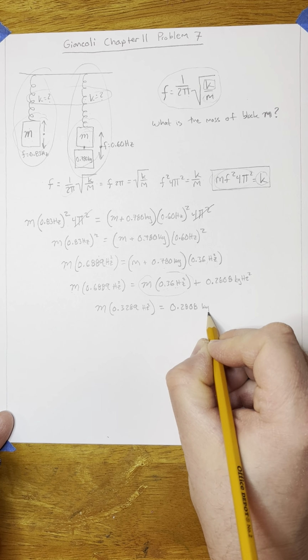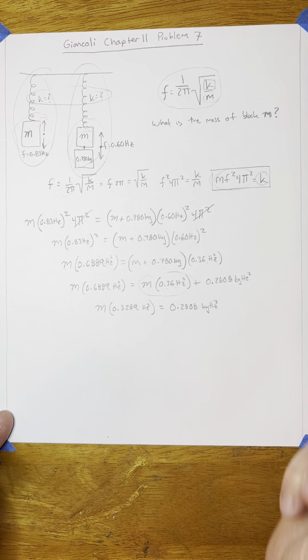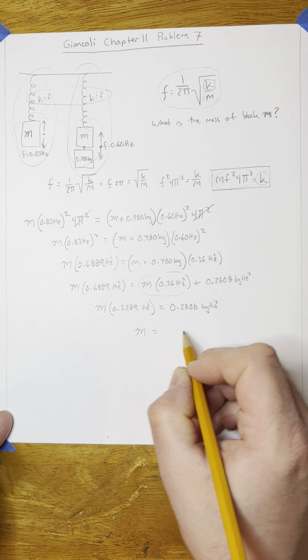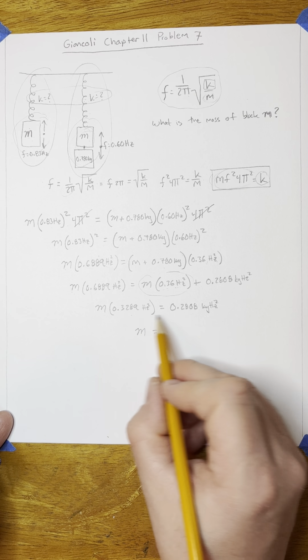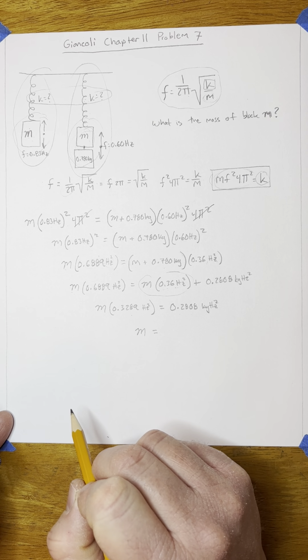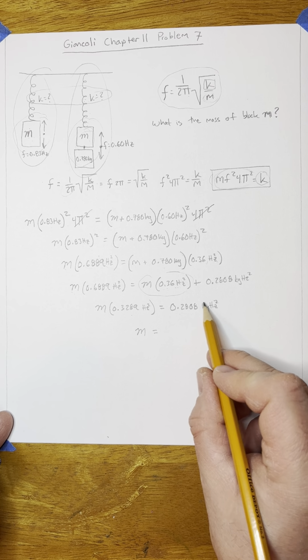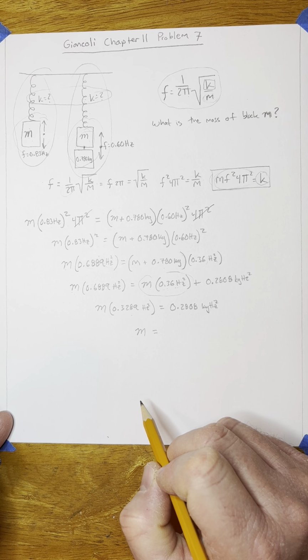0.2808 kilogram hertz squared. And now to find m, I will simply divide both sides of the equation by 0.3289 hertz squared. Hertz squared will cancel. I'll be left with kilograms over here.